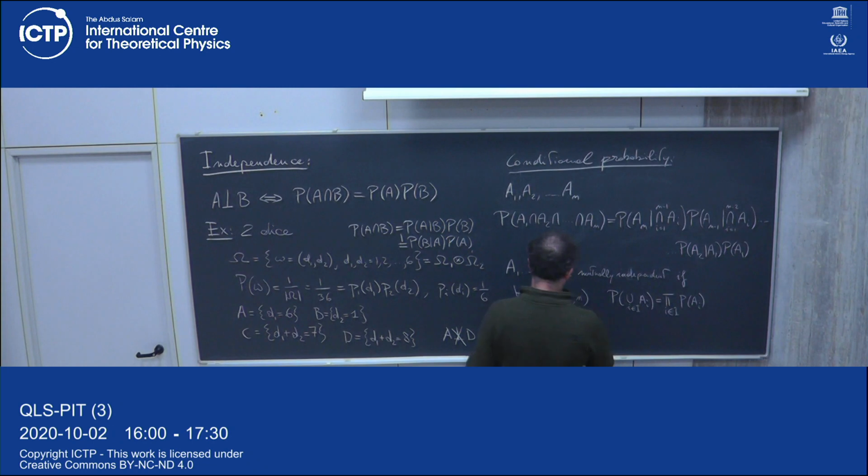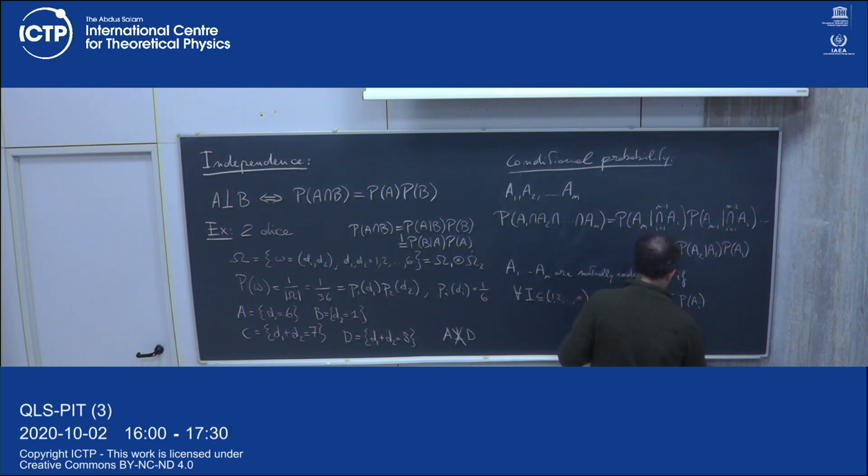Okay? So that for any subset, the probability that an event, say AI, occurs, given that a certain number of other events occur is equal to the probability of event AI.